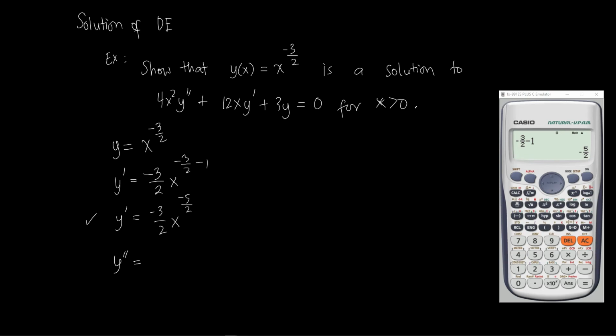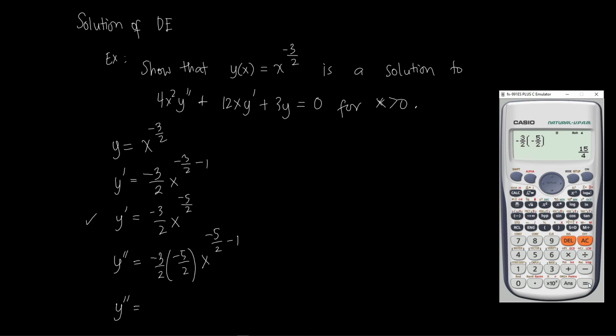So, ano ba? Same process. Yung exponent natin, ibaba dito. So, meaning, magiging negative 3 halves times negative 5 over 2. Tapos, mag-minus 1 ulit tayo dito. Okay, so yung second derivative natin is simply, yung negative 3 over 2 multiply natin by negative 5 over 2.